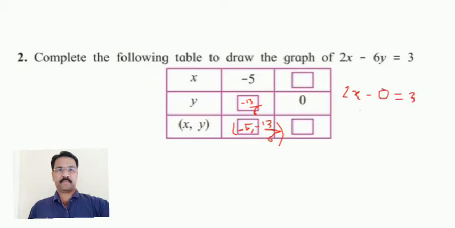So 2x equal to 3, that means x equal to 3 by 2. Very simple. Like this we can write the coordinates 3 by 2 and 0. These are the solutions. Okay, and when you fill or prepare this table, then the next part, to draw the graph, is very simple. Understand friends?